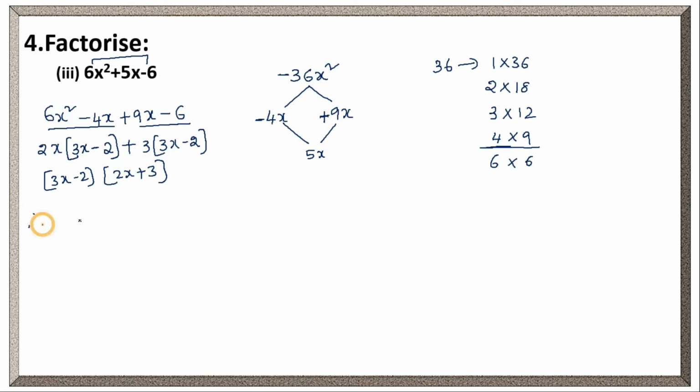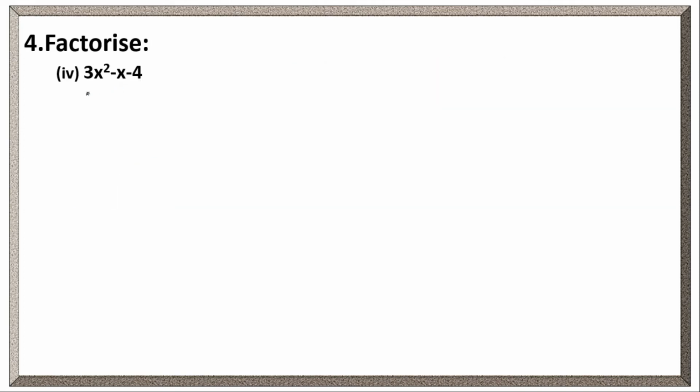So therefore 6x square plus 5x minus 6 equal to 3x minus 2 into 2x plus 3. So 3x minus 2 and 2x plus 3 are the factors of the given polynomial. Is this clear? Right. In the same way, fourth bit.